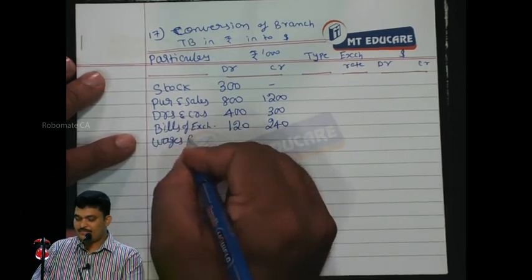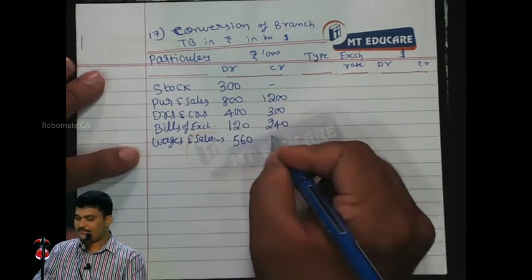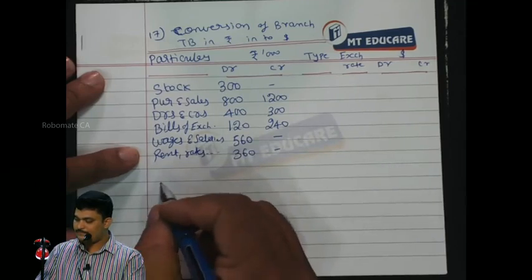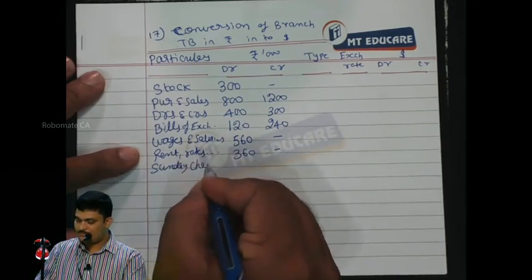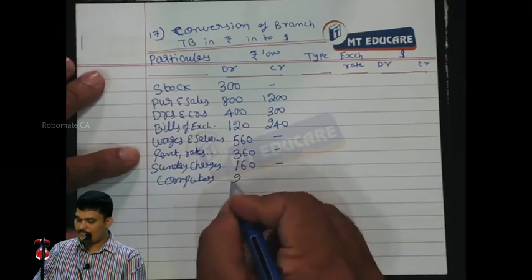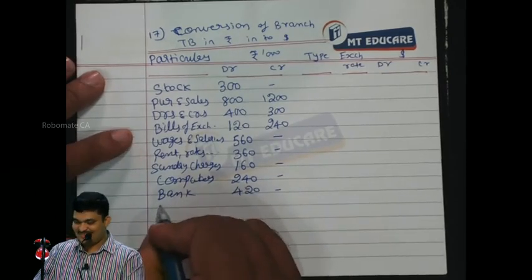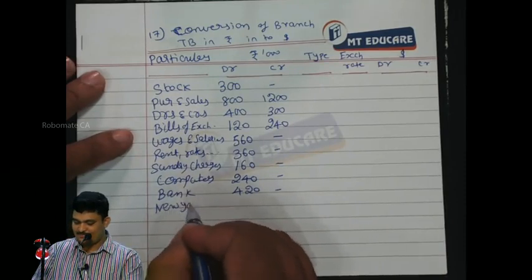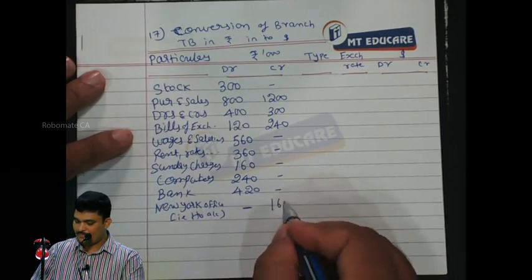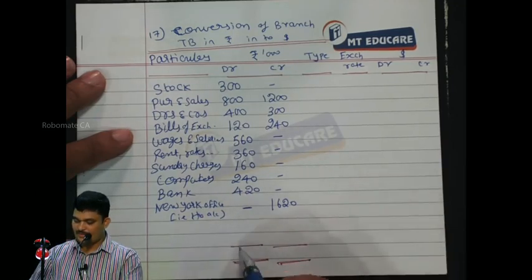Wages and salaries. 560. Rent, rates, taxes. Okay. 3.